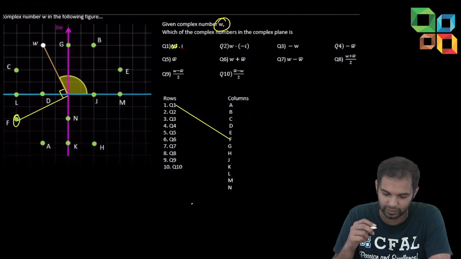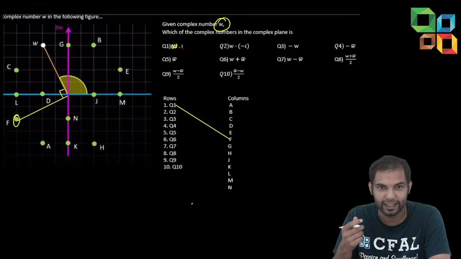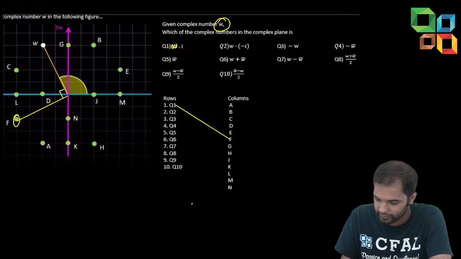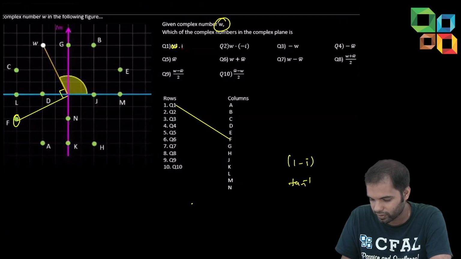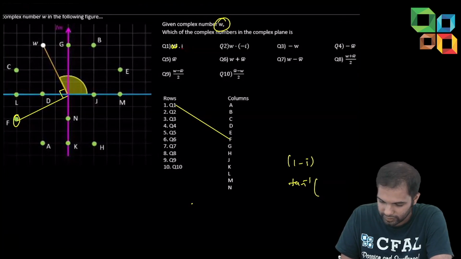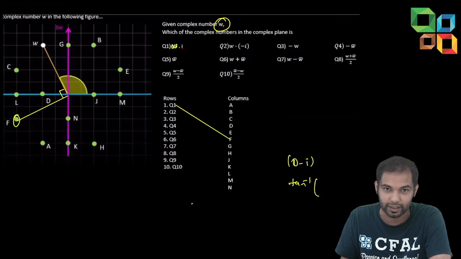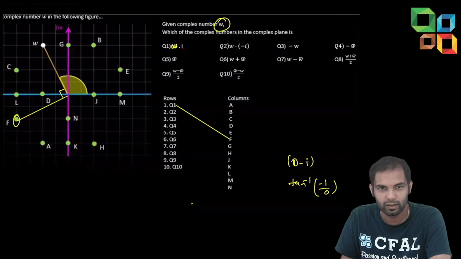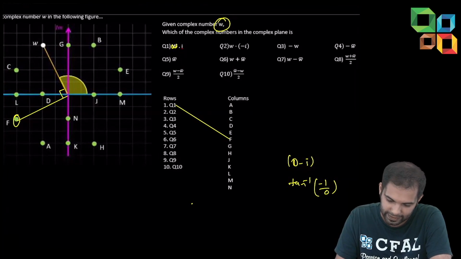Next. Now the same problem with a negative I. If you still have a doubt, you can use the tan inverse formula also. Tan inverse of, sorry, this is not 1, this is 0. 0 minus 1, so minus 1 by 0. Fine. Again, we have a problem of dividing by 0. So what we do is we see where the point lies.